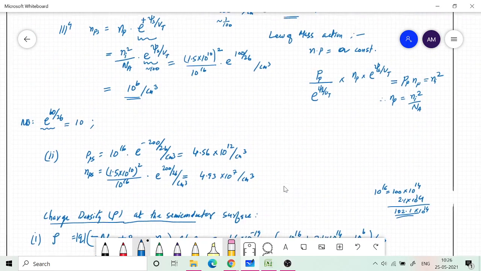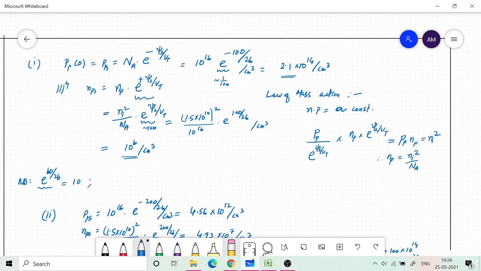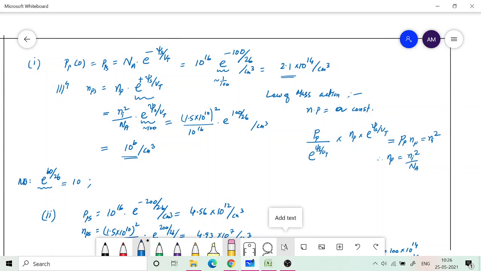So let me show you how. Okay, so if I am going into the accumulation mode, my psi s is going to become negative. So then p_s is going to increase by a factor of 100. So if psi s is given as minus 100, that means I am applying a negative voltage on the gate.